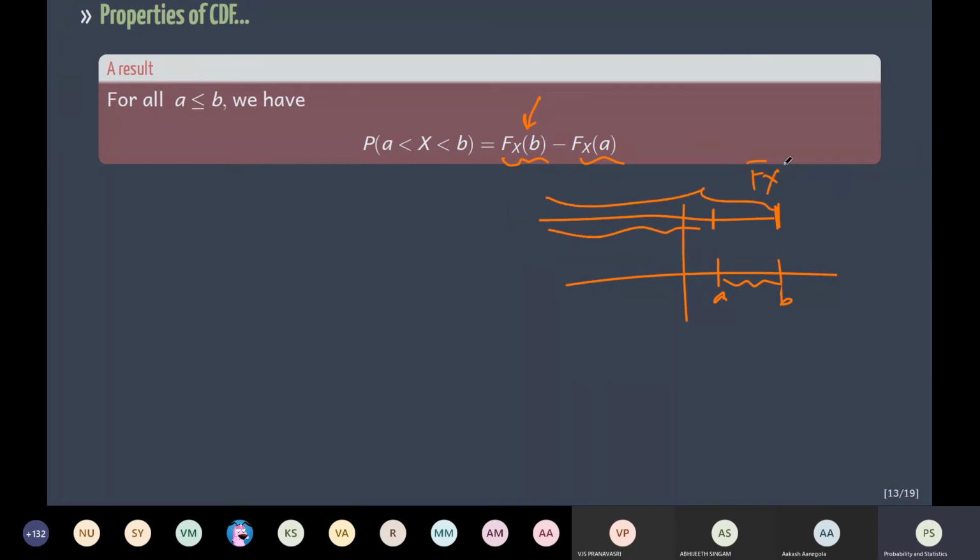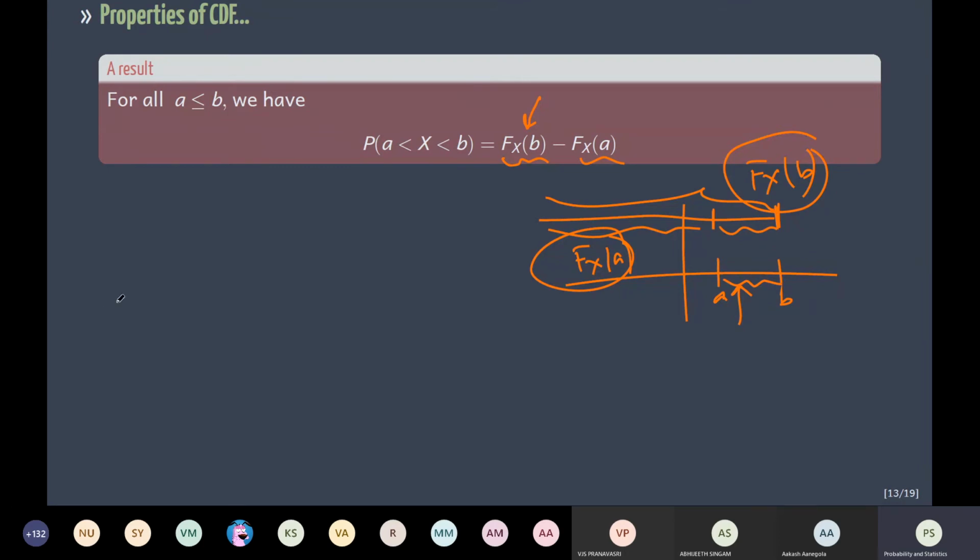This will be F_X(b) and this is F_X(a). To get this, I subtract F_X(b) minus F_X(a), and then I get the probability of this interval. So we can compute the probability of a certain interval from the CDF.